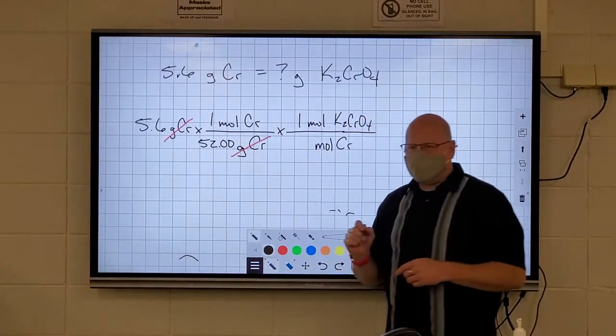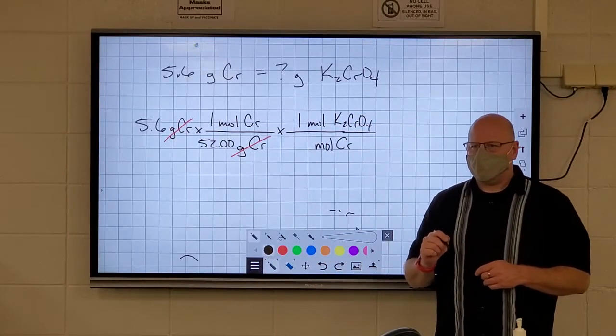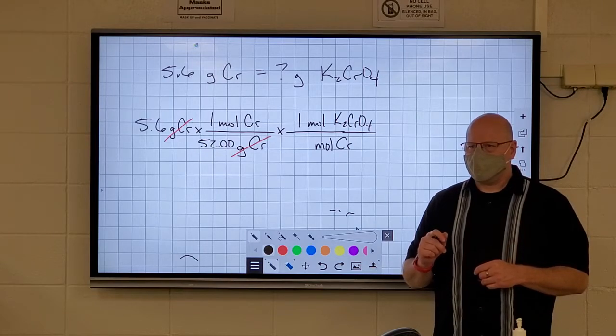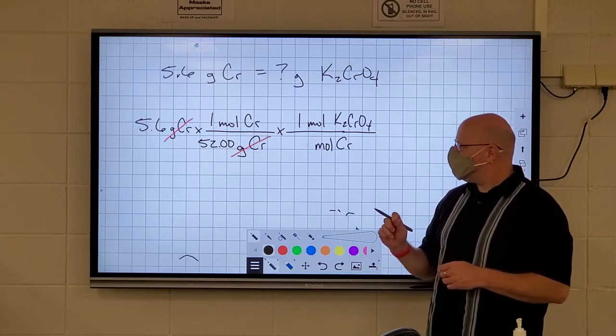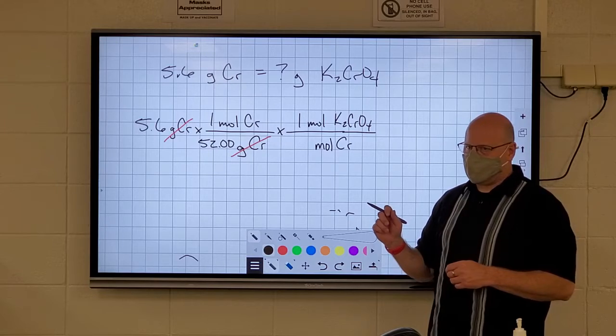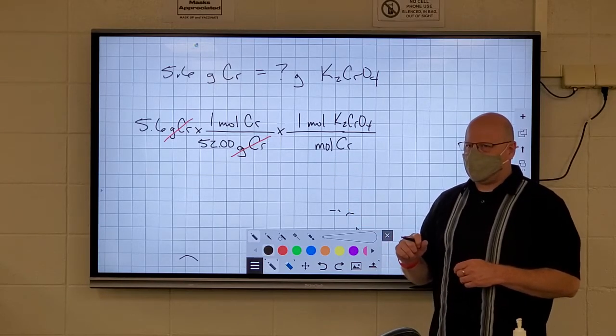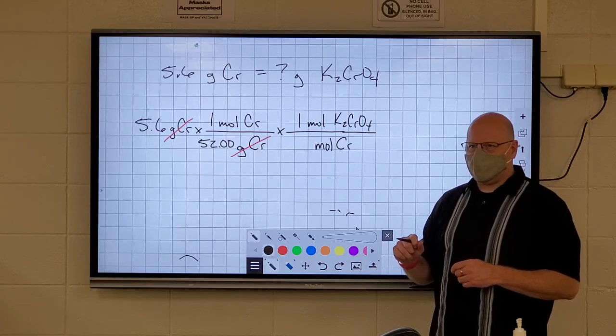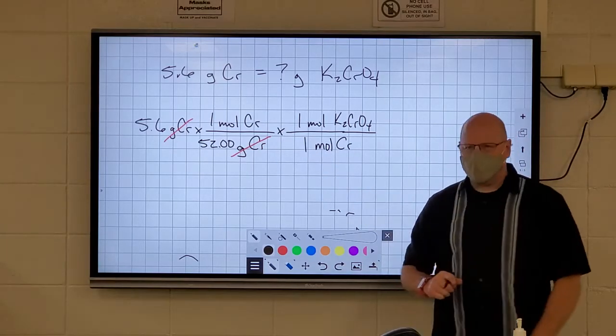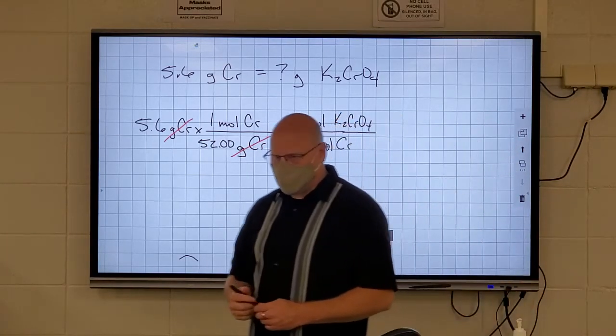And on bottom? Grams of potassium chromate. No, because we've got to get that. How many moles? 1. Why? Because there's only 1 in potassium chromate. Perfect. That's where we get that.